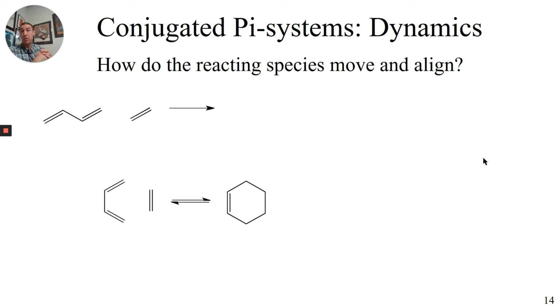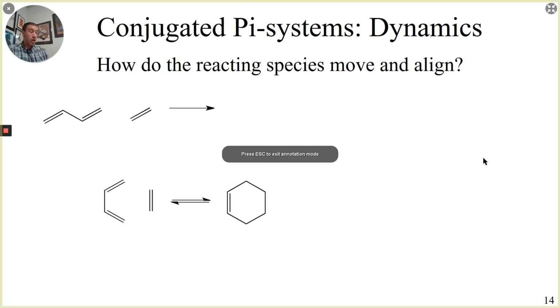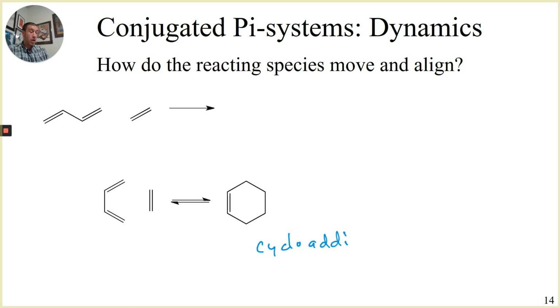And that's an important reaction that largely comes out of these conjugated pi systems. It also brings in the terminology of cycloadditions, okay, which is a large part of the oxidation reactions in chapter 24. So chapter 24 really digs a lot into our Diels-Alder reaction because it's an example of a cycloaddition.